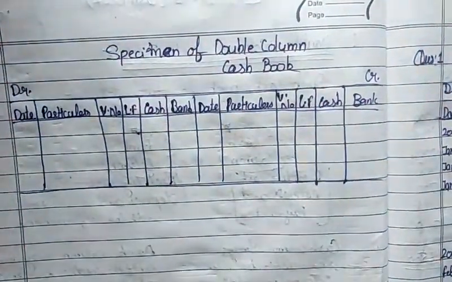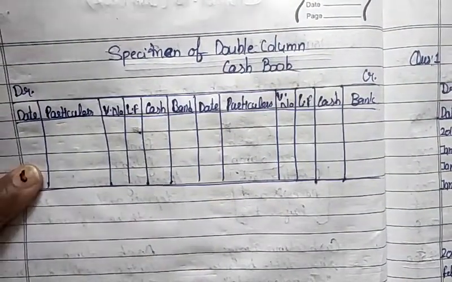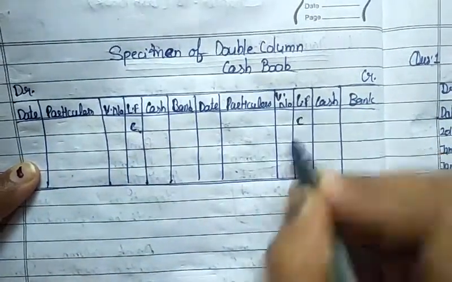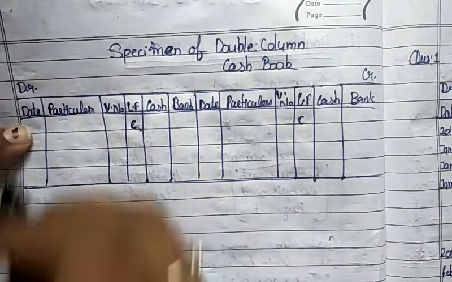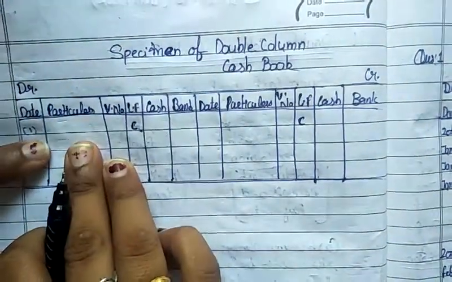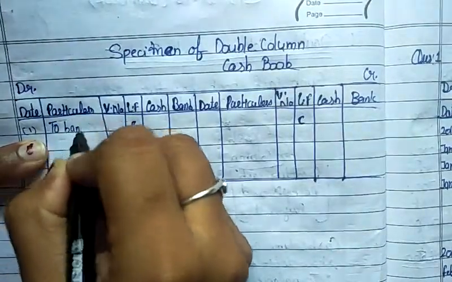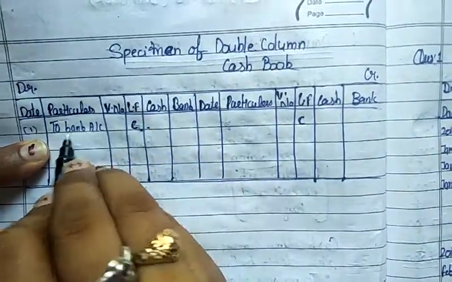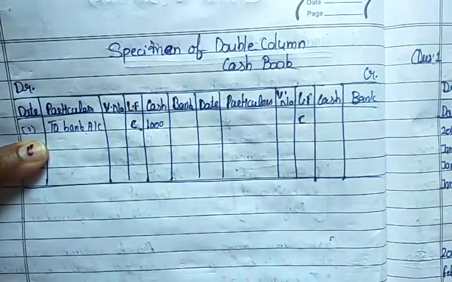So students, whenever the contra entry is there, we write the letter C in the ledger folio column. Like in the previous example I told you, the transaction is cash account debit to bank account. In this entry the cash account is debited, but we use the name bank, so we debit the cash and we write "to bank account" and we write the amount in the cash column. We write "to bank", but we write the amount in the cash column, that is 1000.